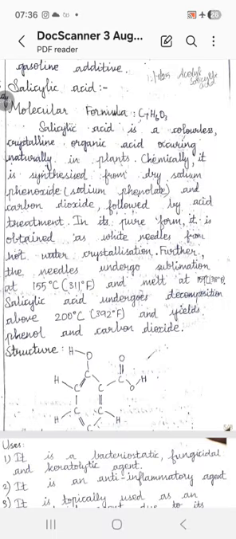C7H6O3. Salicylic acid is a colorless crystalline organic acid occurring naturally in plants.